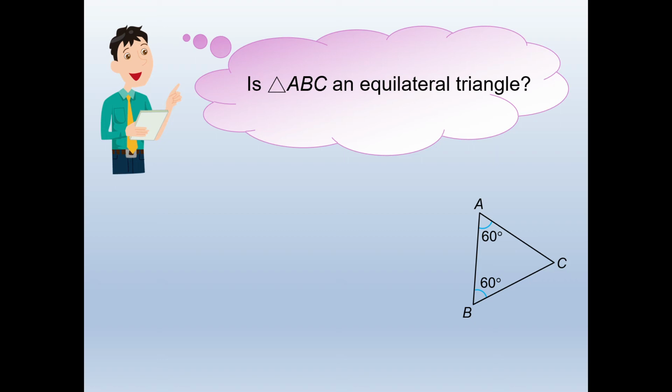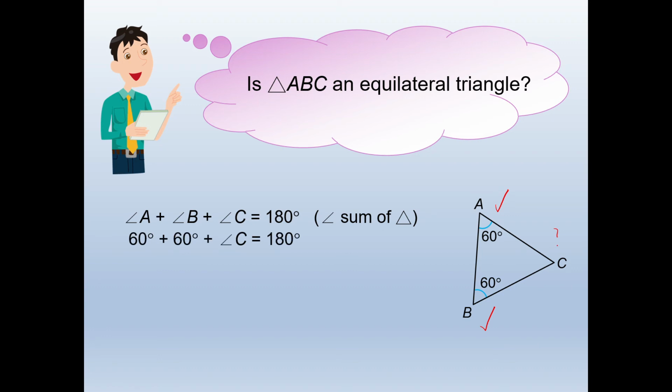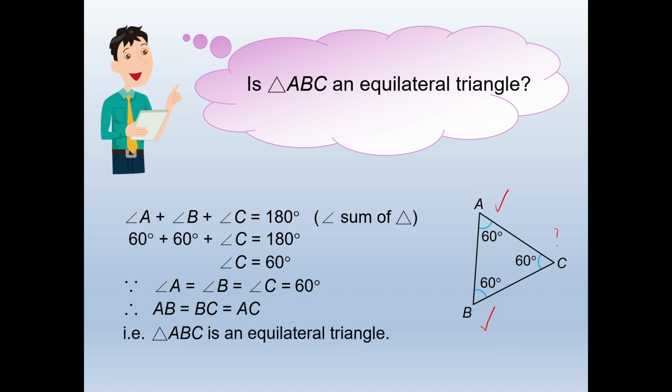Is triangle ABC an equilateral triangle? Now we have got angle A and angle B, but we don't know angle C, so we need to find out angle C. Using the angle sum of a triangle, we may find out that angle C is 60 degrees. So now, since all of them are 60 degrees, we can say that AB equals BC equals AC. Therefore, this is an equilateral triangle.